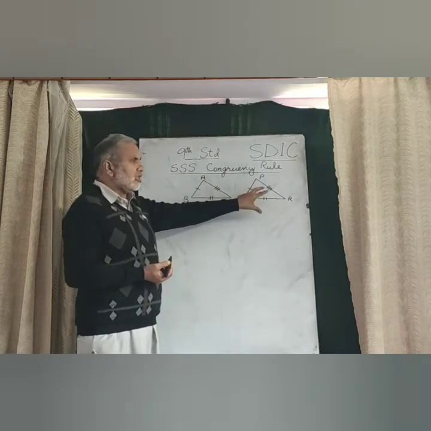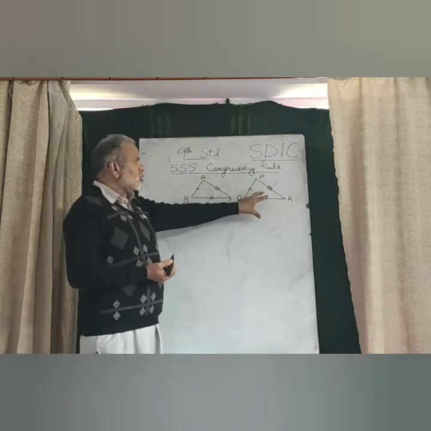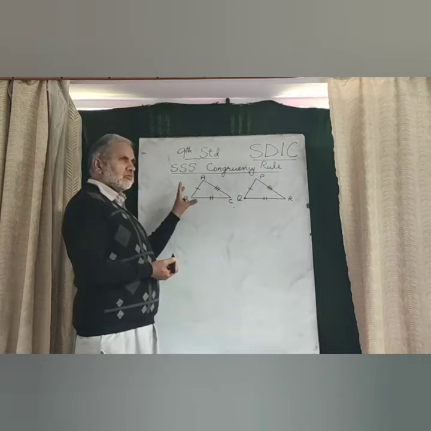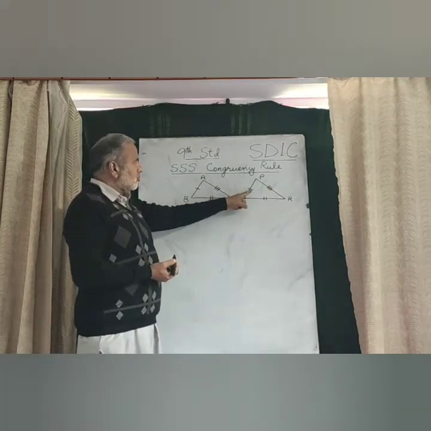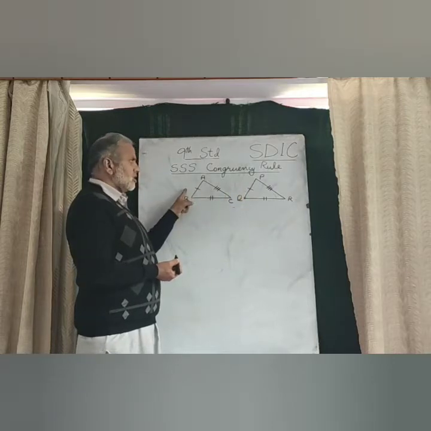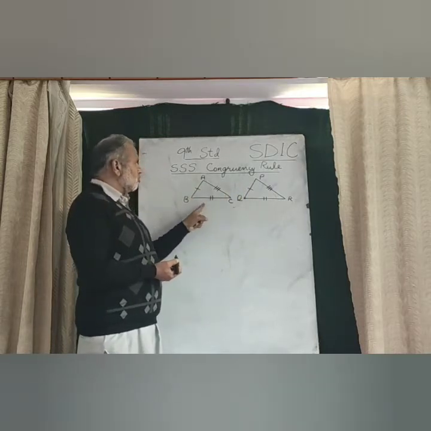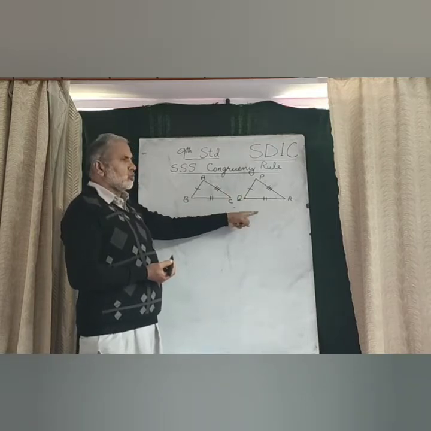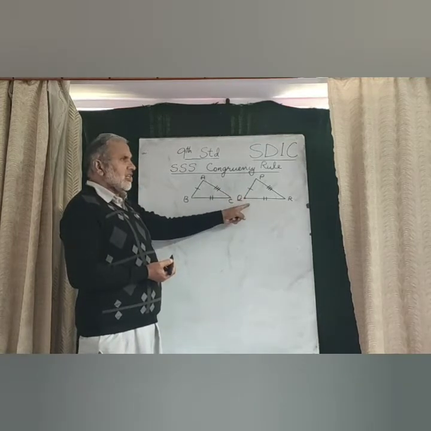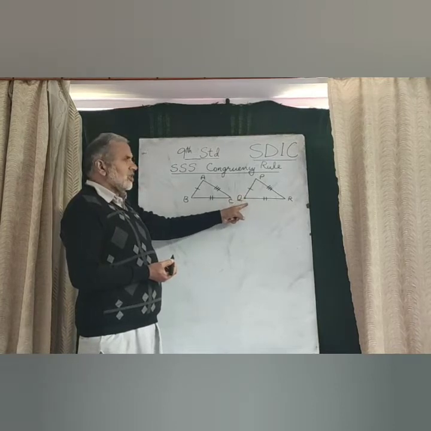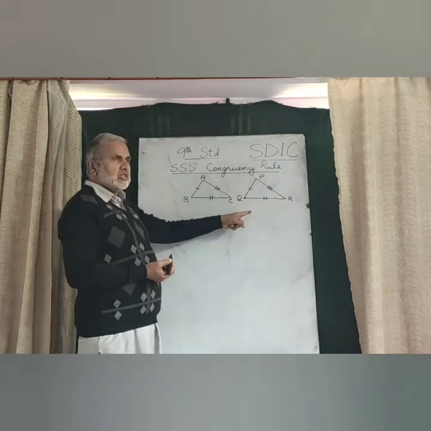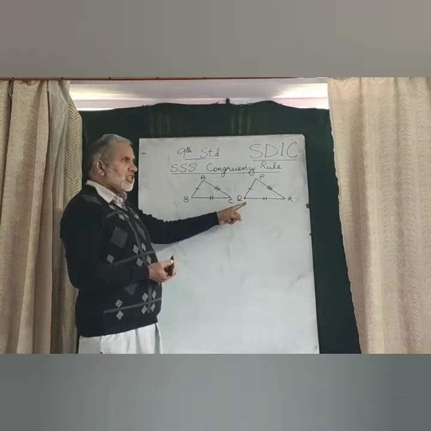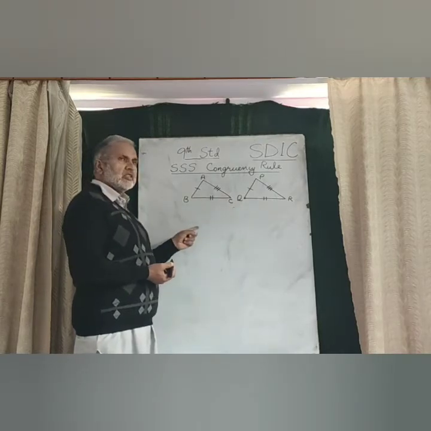And then we have PQ equal to side AB here. We have to compare the triangle PQR with this triangle. We know PQ side is equal in length to AB, QR is equal in length to BC, Q being the common point of the two line segments. We will find which is the corresponding point of Q in this triangle. How?